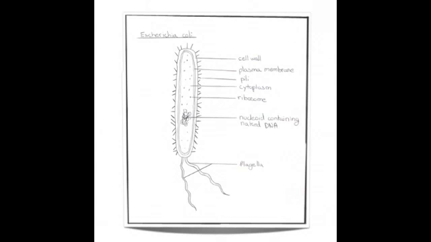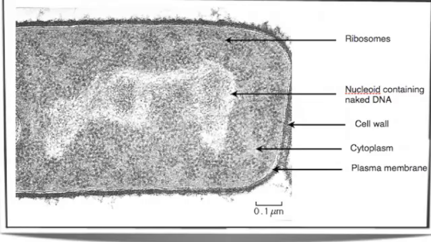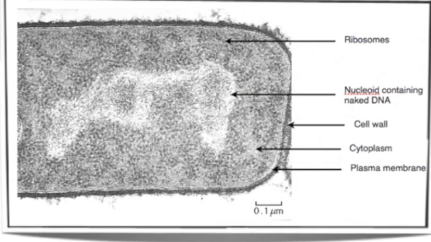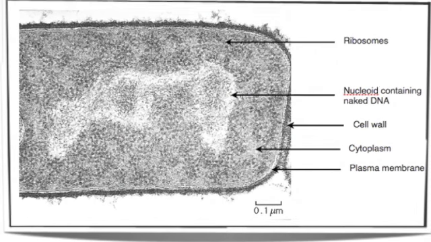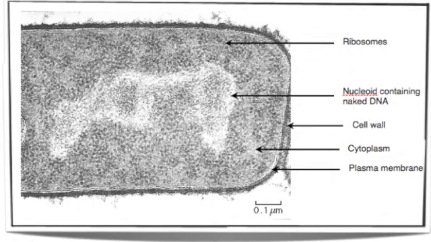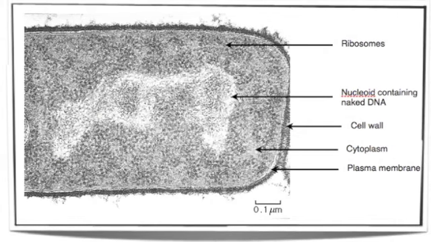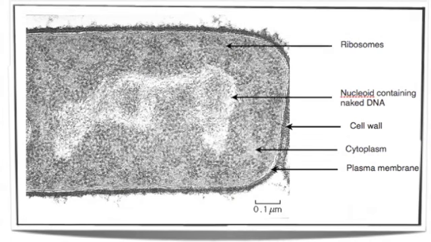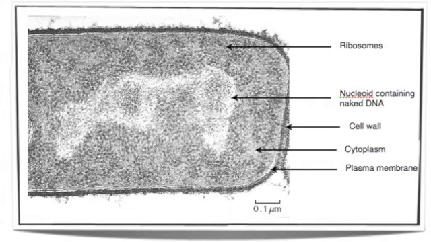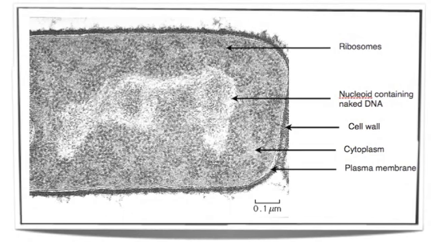Flagella are made of proteins called flagellin, and they help bacteria move around by the use of a motor protein that spins the flagellum like a propeller. Ribosomes are where protein synthesis occurs, by translating messenger RNA.